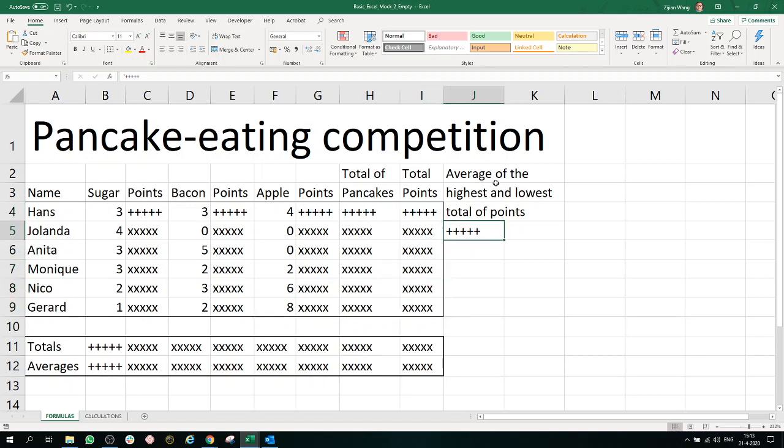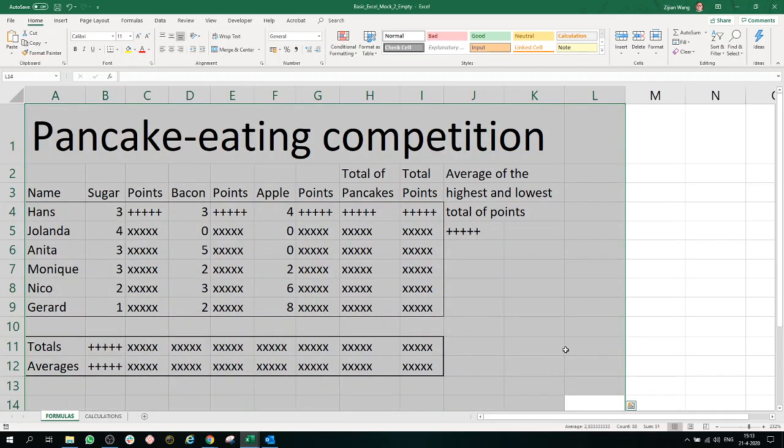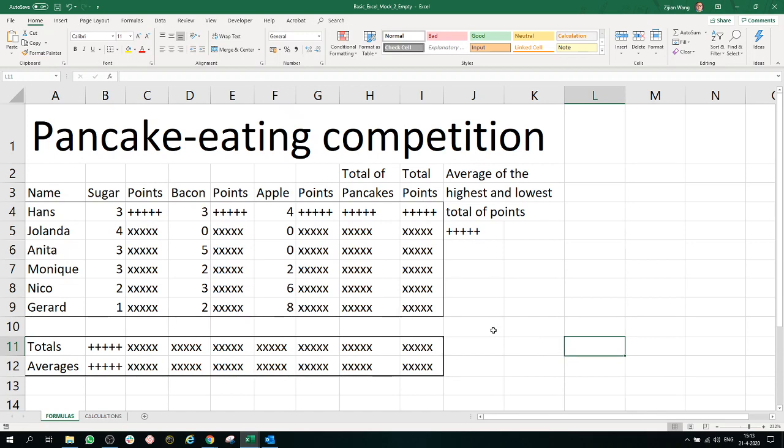Here we need the average of the highest and lowest total of points, and here we have total and averages. That's clear. Of course, you need to rely on the instructions on your syllabus to figure out what exactly is required. But we understand the information in the formulas sheet.